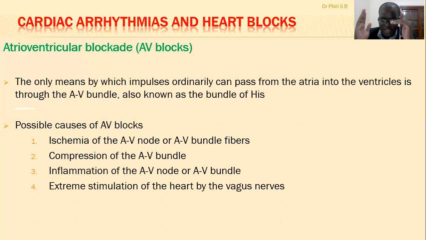So during inspiration, there is vagal inhibition. Once there is vagal inhibition, it means that you don't produce a lot of acetylcholine to inhibit the conductivity of action potentials. So during inspiration, remember that heart rate increases.